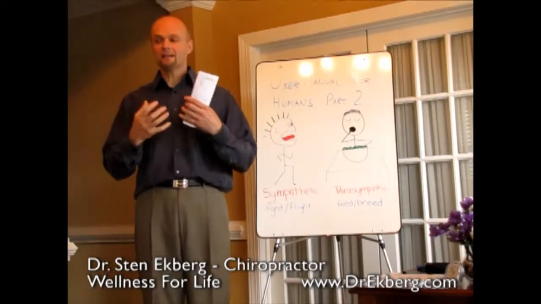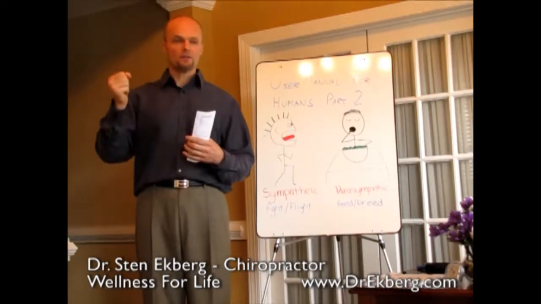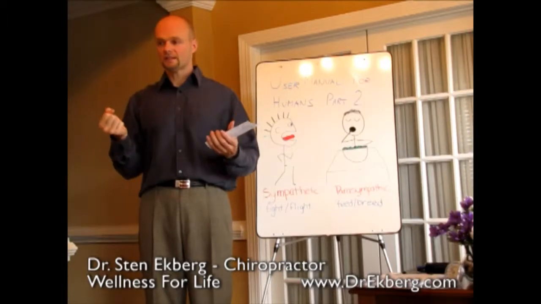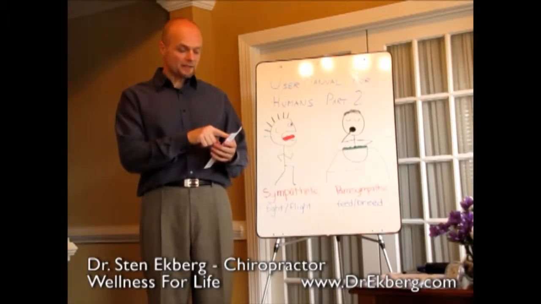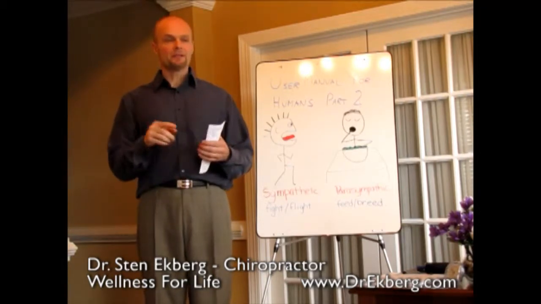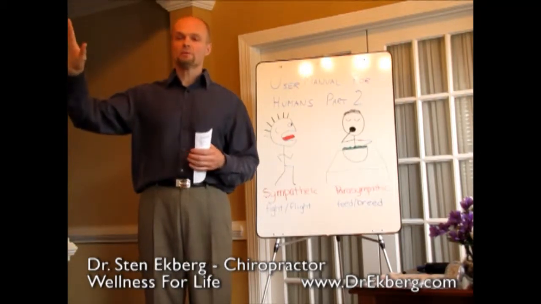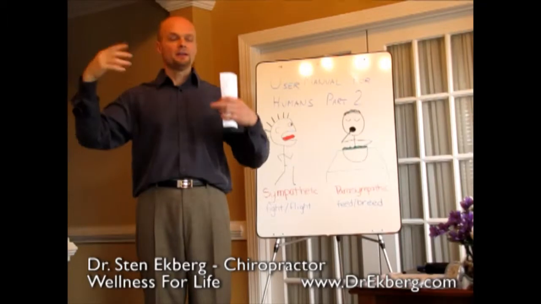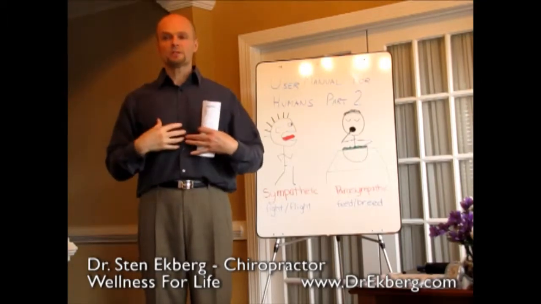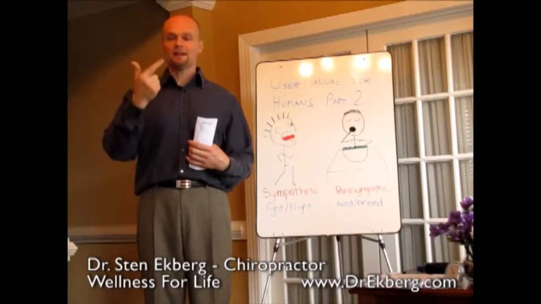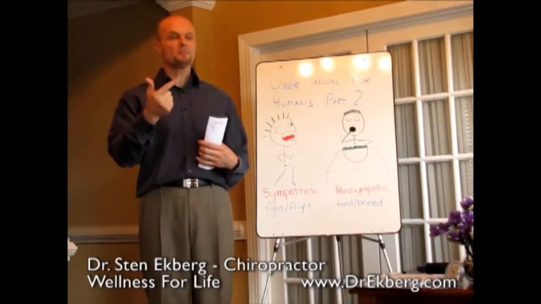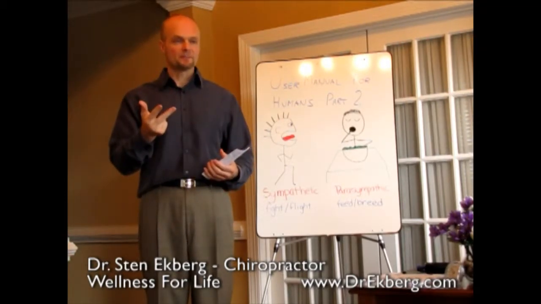You want to allocate resources so that you can defend yourself and save your life. The parasympathetic is about health. It says when the danger is over, when the grizzly bear is gone, now we can allocate resources inwards to digest food and send energy to our immune system and our reproductive systems.